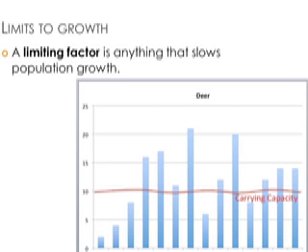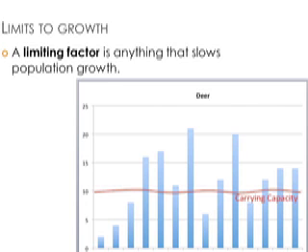Chapter 5, section 2. All right. I'm going to talk now about the things that can limit that exponential growth, things that affect the carrying capacity of a place. A limiting factor is anything that slows the population's growth, and there are two types.